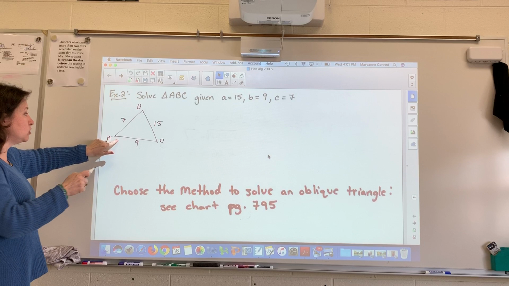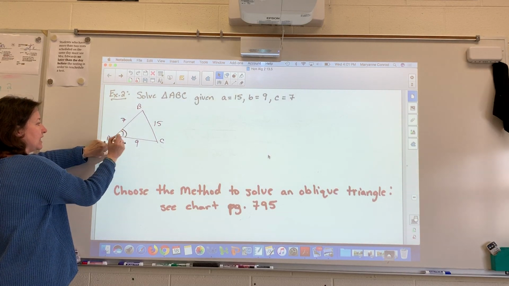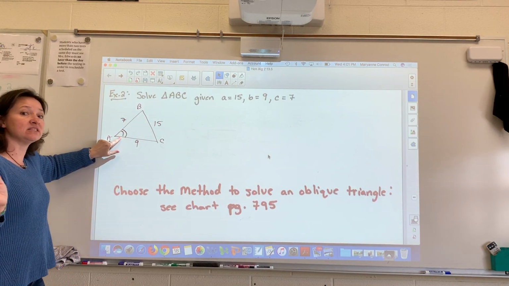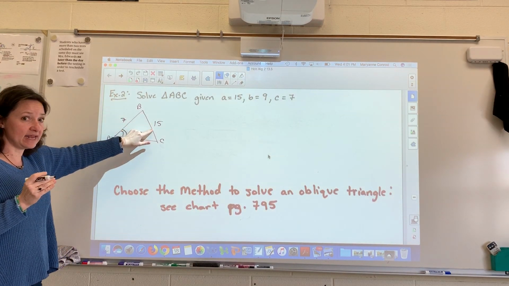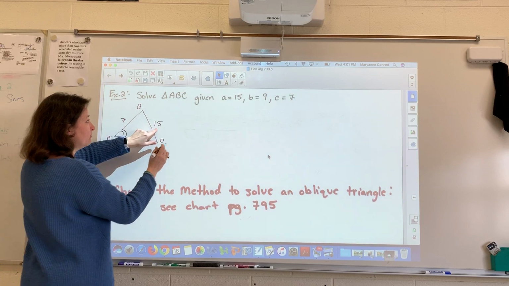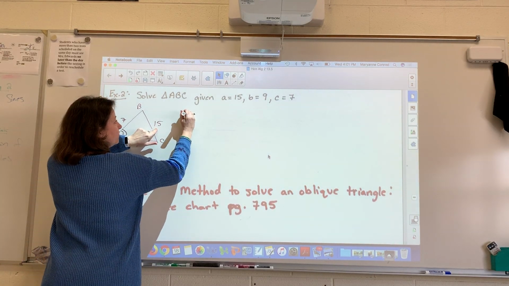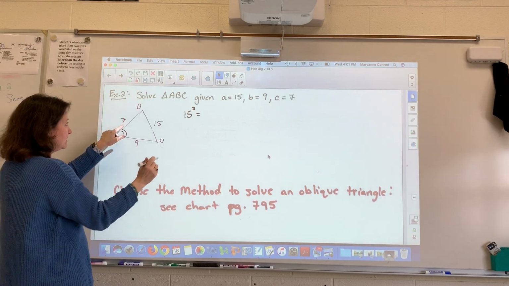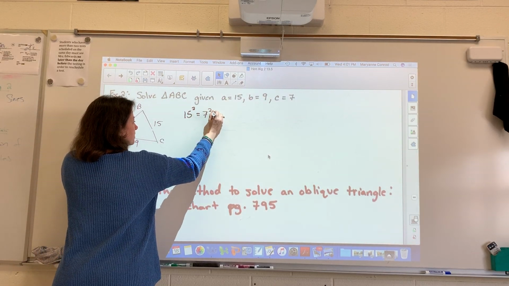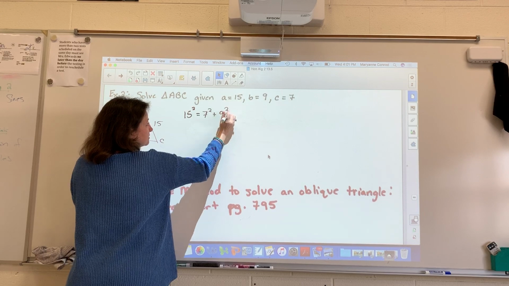So if I'm using angle A, that means the whole formula is going to equal side A. So we're going to set the entire formula equal to side A, so 15 squared equals the other sides, so 7 squared plus 9 squared. Doesn't really matter the order.